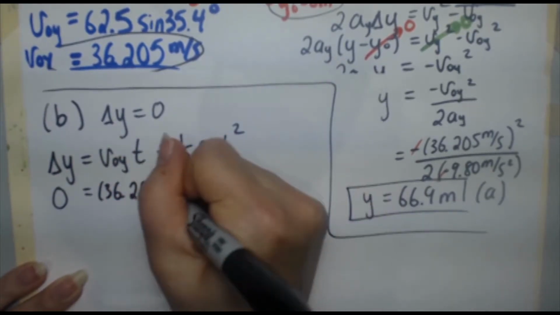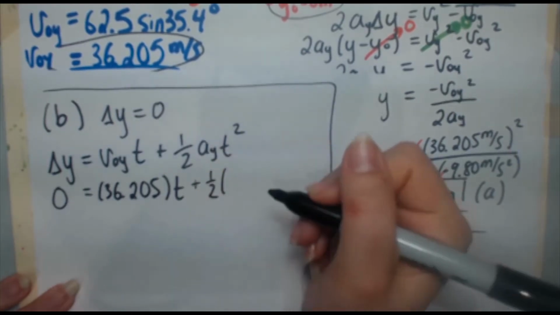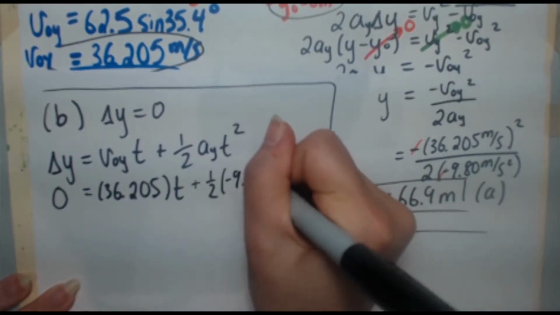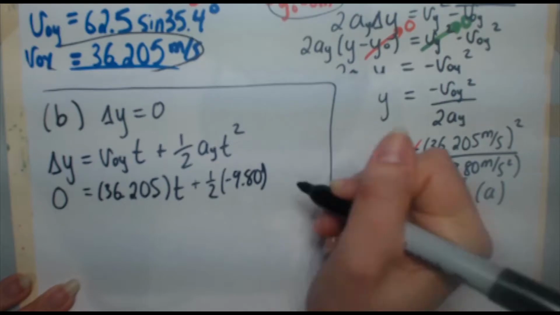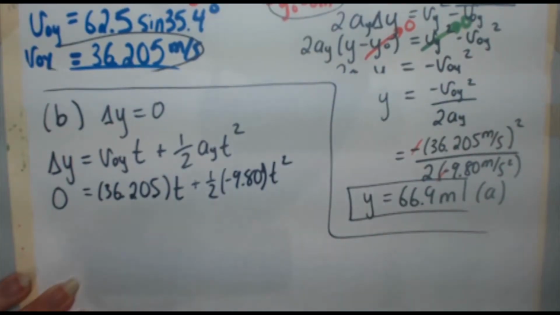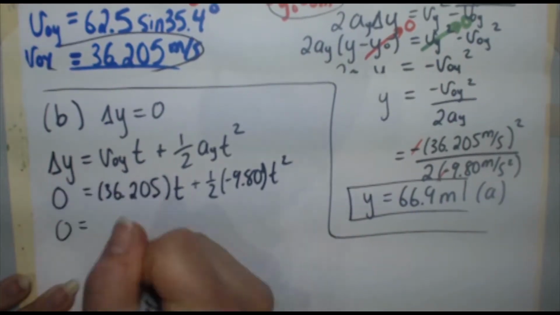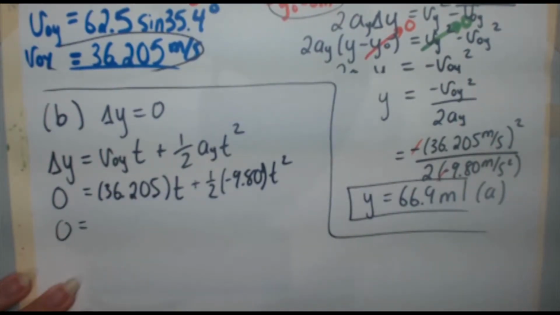And that's going to be multiplied by t plus 1/2 times acceleration in the y, the negative 9.80. We're going to close that bracket. T squared. Now let's do this. I'm going to bring the t squared to the front. It's always proper mathematic etiquette to bring the higher powered term forward.